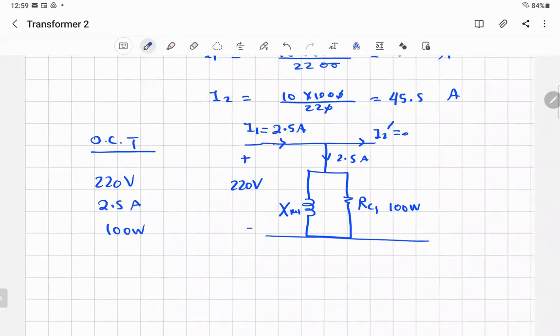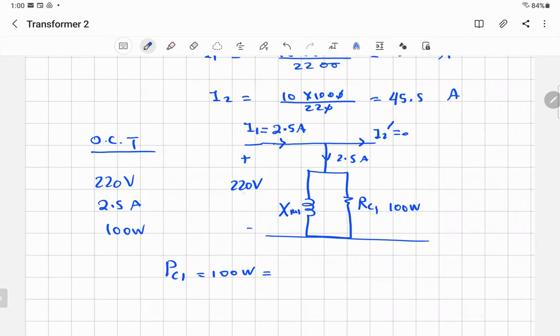How can you get RC1, for example? What's the relation? It's given the power: power PC1 is equal to 100 watts. And what's power? You know power. It's equal to I squared R, V squared over R, many things, right? You have the voltage, but you don't have the resistance.